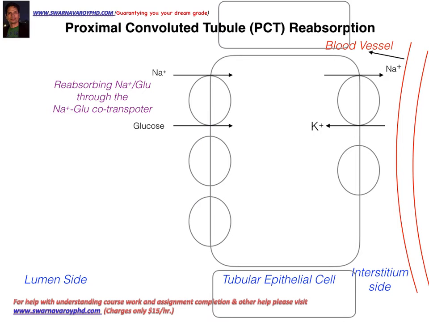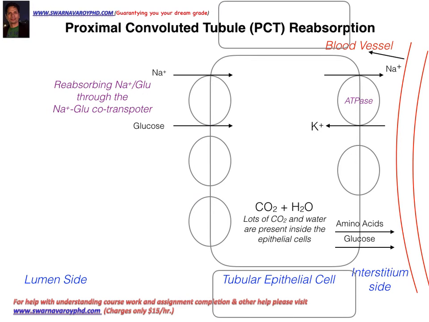Potassium ion moves inside the epithelial cell. And this pump here is an ATPase pump. ATPase is a special kind of enzyme, and it utilizes ATP to get energy to transfer ions in different directions. Glucose is also absorbed into the blood vessel, and amino acids are also absorbed from the lumen side, because these are substances which are completely absorbed.